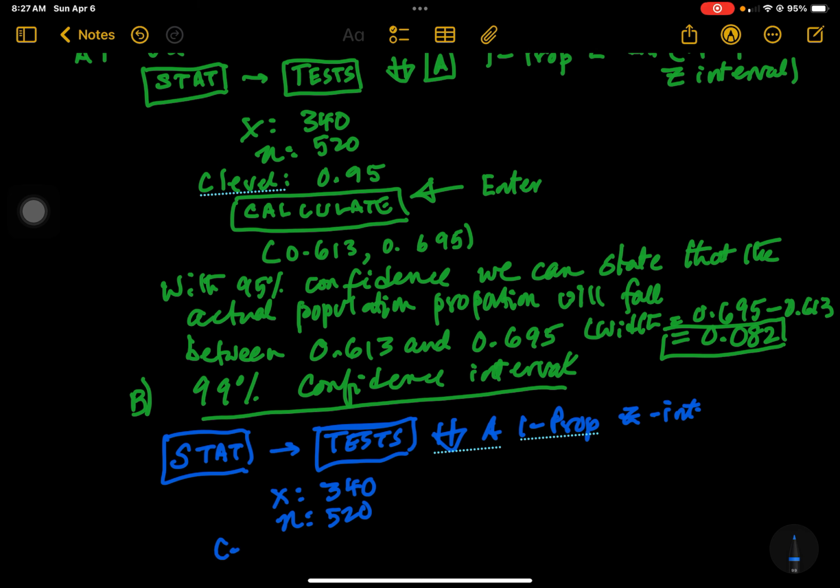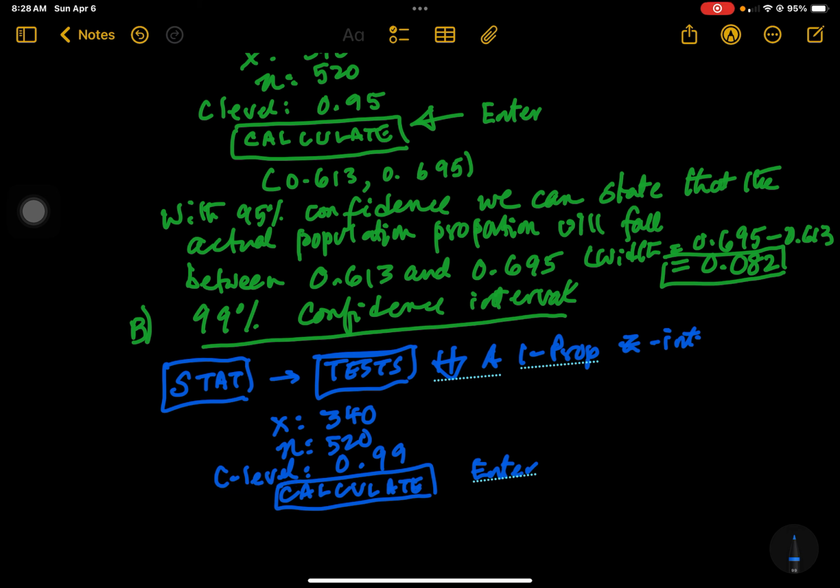Only thing we will change is the C level. Here it is 99% confidence, so we will type 0.99. Then we go down to calculate, bring the cursor on top of calculate and hit enter once only.